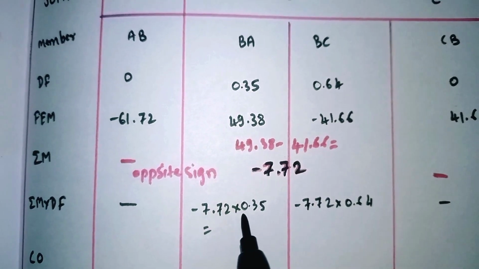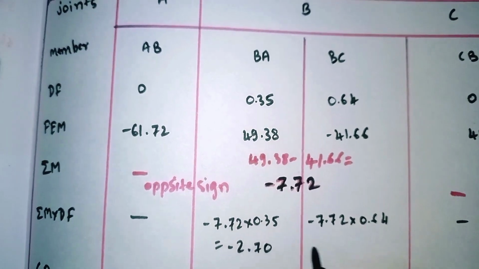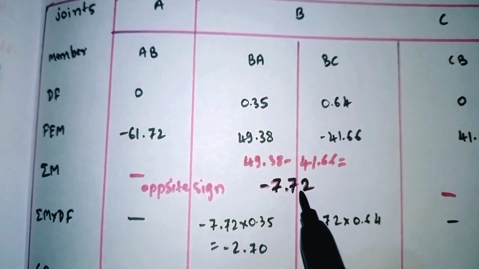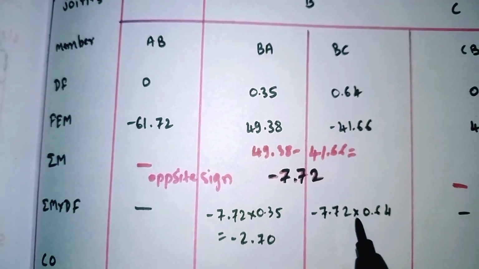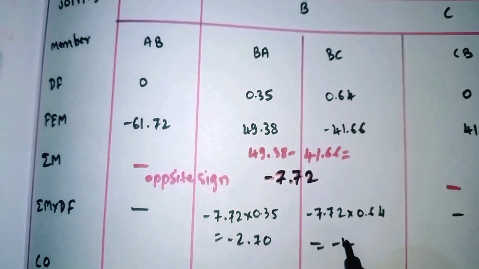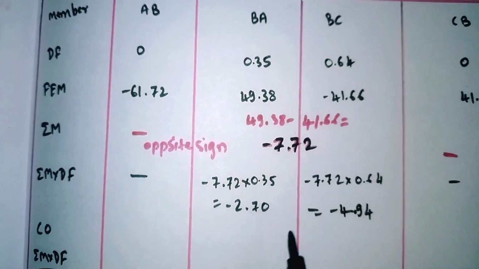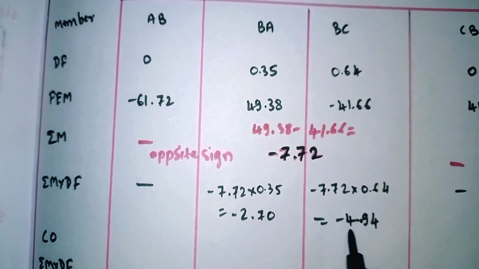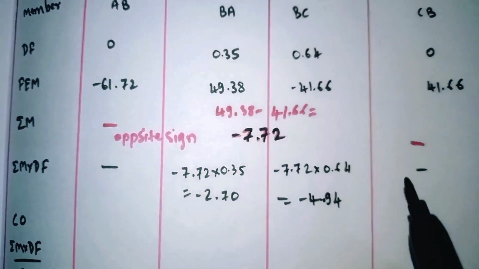I have written here, by multiplying it will come out as minus 2.70, and also minus 7.72 into the distribution factor of BC, that is nothing but our 0.64. By multiplying it will come out as minus 4.94. I am taking only 2 digits after the decimal.